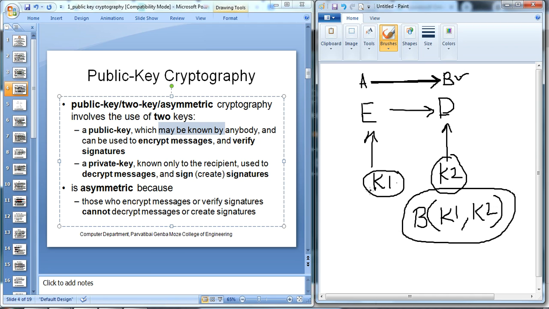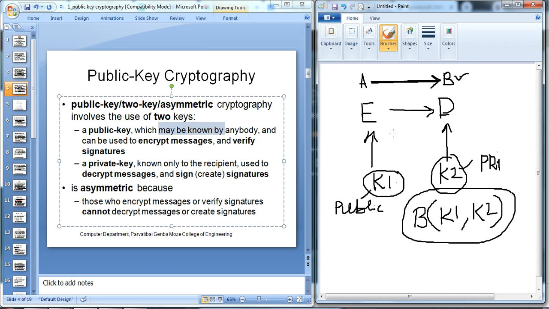K1 is the public key, and K2 is the private key. That is the simple concept behind public key cryptography. Every user has a key pair.